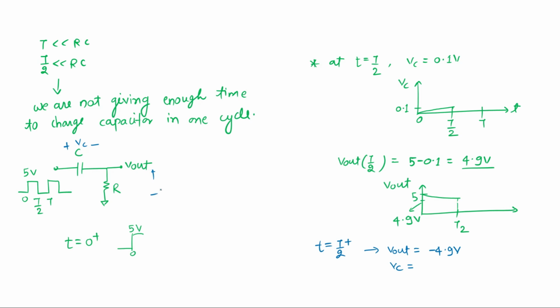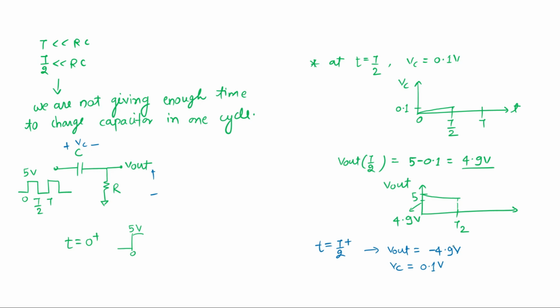Okay, this is the V out. As I am saying, the VC has reached 0.1 volt. So when my excitation is 0 at T equal to T/2 positive, my output is reduced to minus 4.9. So simply it will come here.